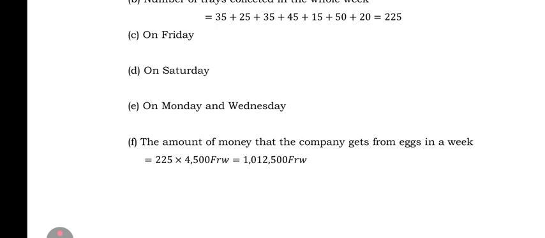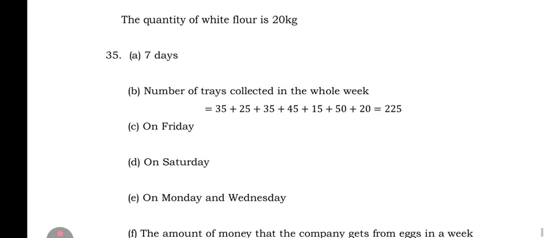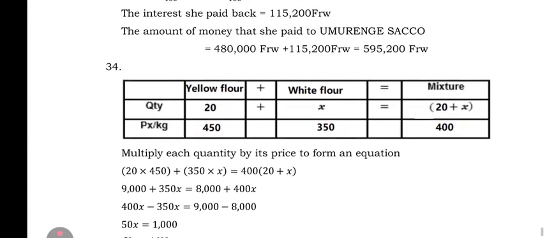In a week, check how many days you get. 225 times the cost of each tray of eggs. It is 4,500. So I think this is the last question on this question paper.